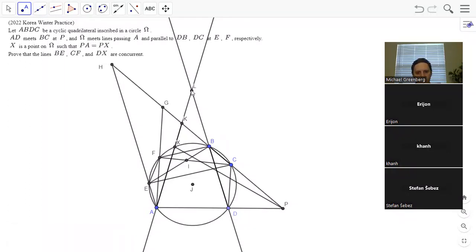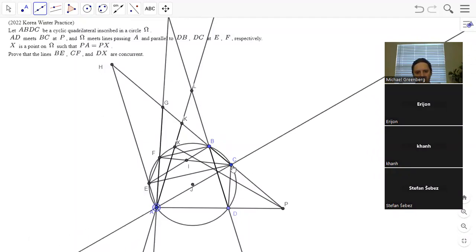Okay, so E and F. E goes to infinity. F would go to this point up there. X, B, and then we'd have to draw this.